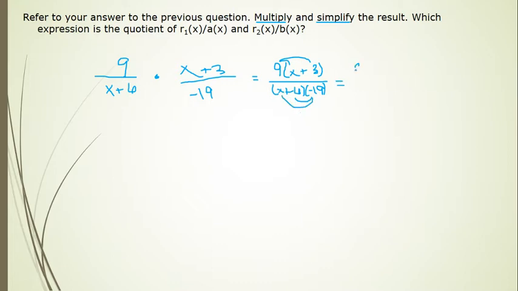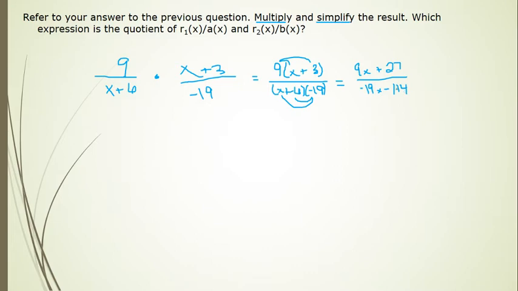So 9 times x is 9x, 9 times 3 is 27. Then we have negative 19 times x, and 6 times negative 19 gives me negative 114.